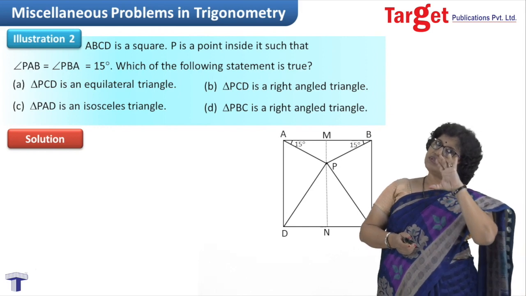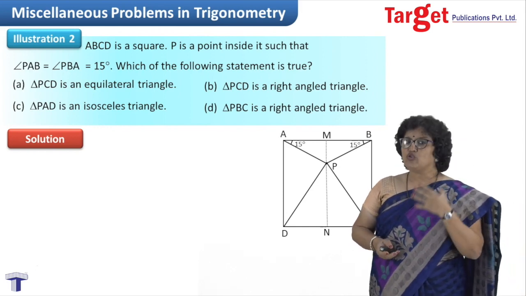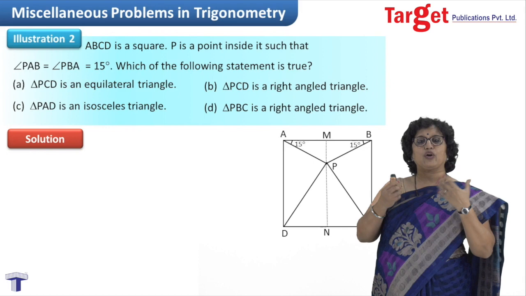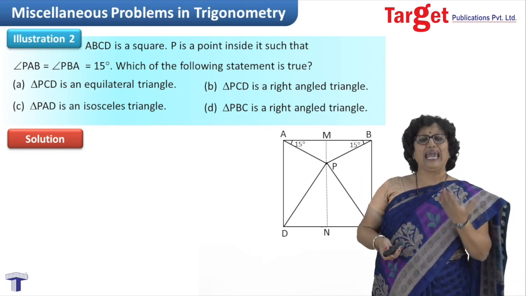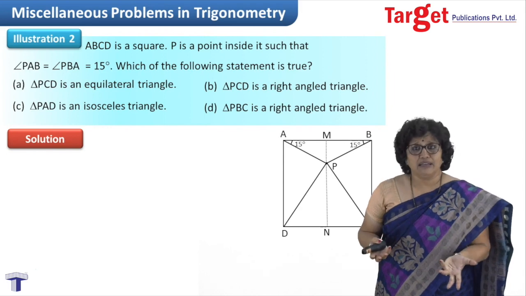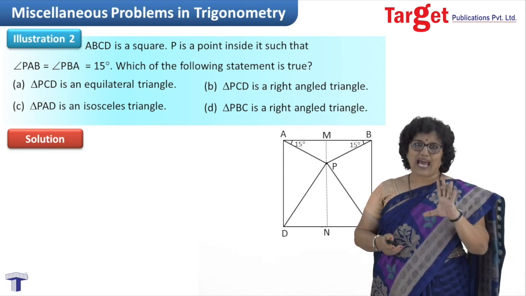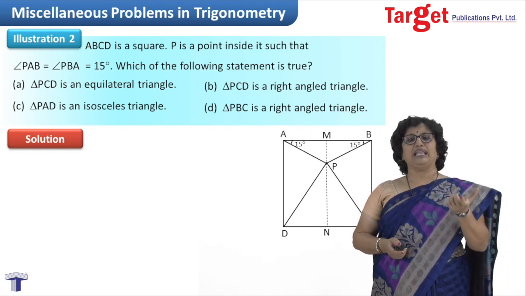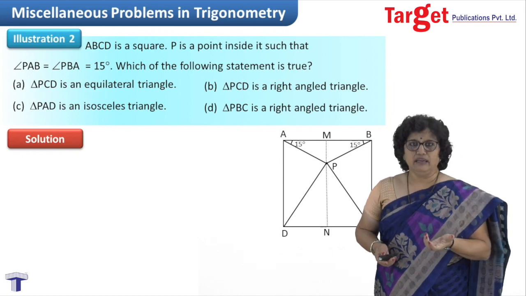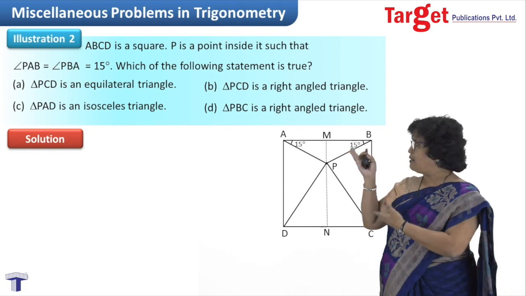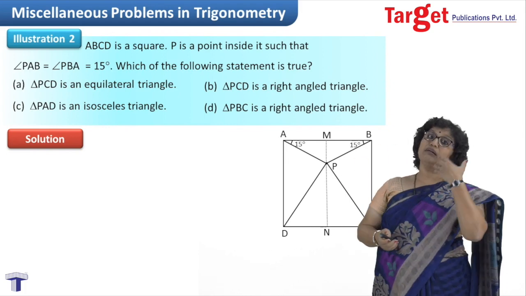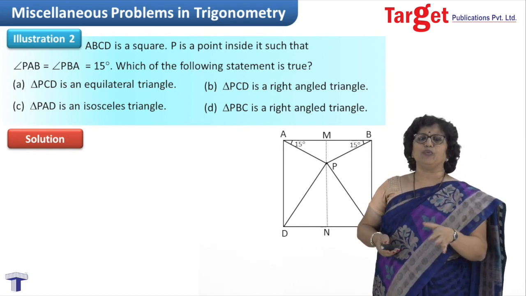Now whenever such a question comes, the choice is yours. Since it's a square, you can call the length of a side A, or you may write it as even 1. Nothing wrong. Somewhere, suppose some length is A by 3, then if you are naming AB as 1, instead of A by 3 you will say 1 by 3.